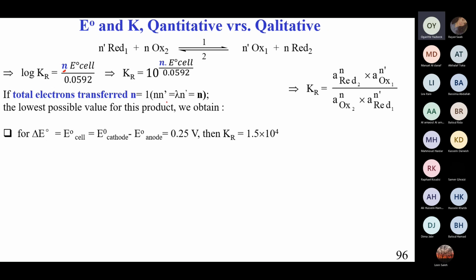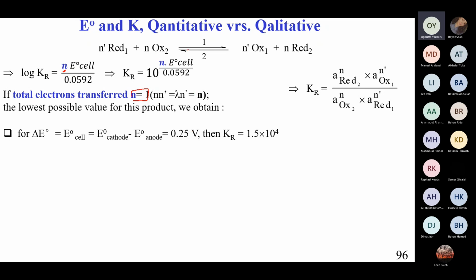Okay, there is this interesting part which can be useful, and that is when n is equal to 1. I put n equals 1 here, and for K, we try different E values of the cell.